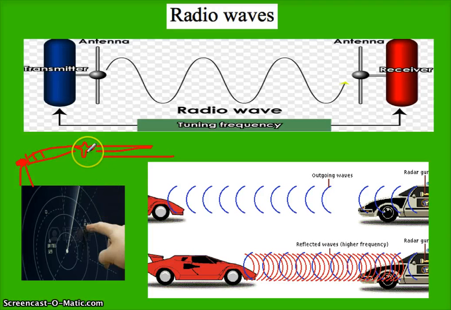Now, if it's at a short range, the original signal sent out by the control tower will bounce back. Well, let me repeat that. If it's at a longer range, it will just hit the plane and they will know where the plane is from there. But if it's at shorter range, then it bounces back.